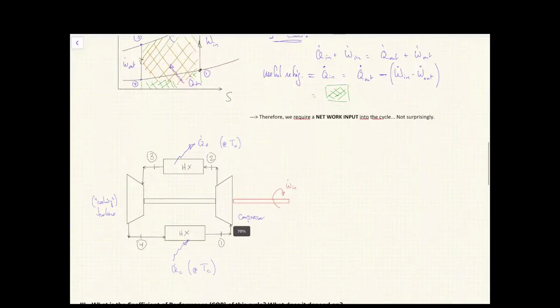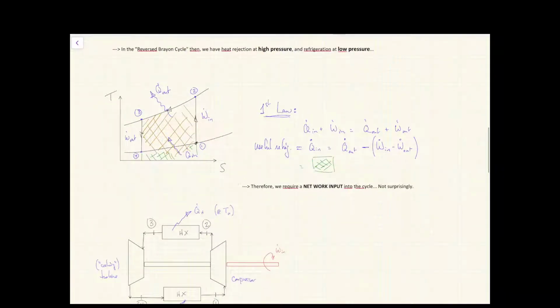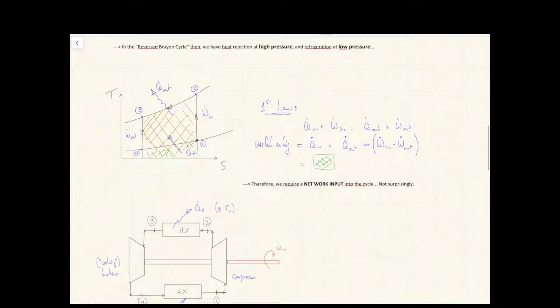So what we're going to do in practice, since we know that in the expansion of the turbine, and I have a nice little sketch here of what the system looks like, in the expansion of the turbine, that's going to cool the air from 3 to 4. This is where the cooling effect takes place. And notice that we can't run this like we did on the SVCC refrigeration cycle.